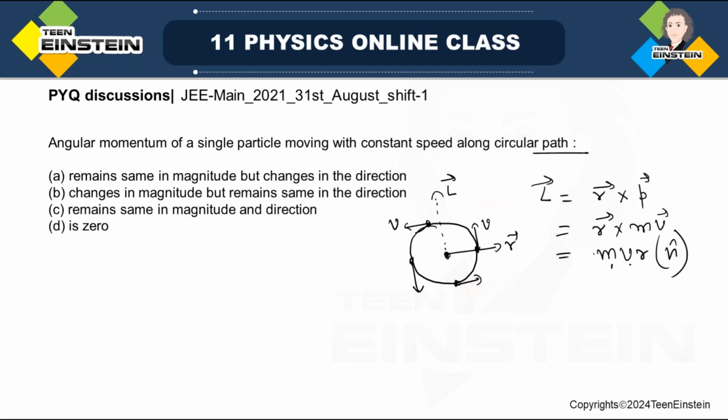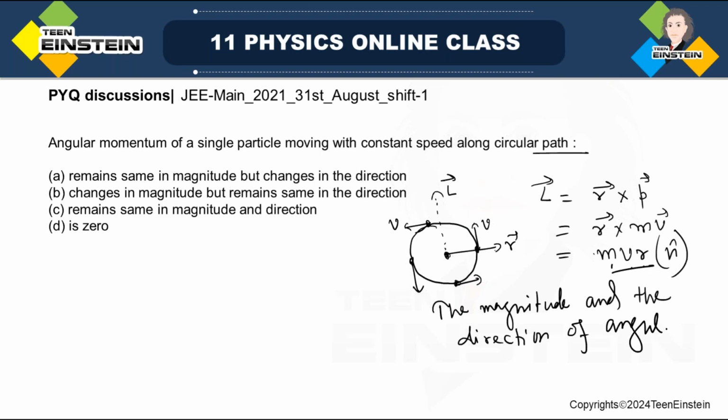And m is constant, speed is constant, and radius also is constant. So the magnitude and the direction of angular momentum remain constant.